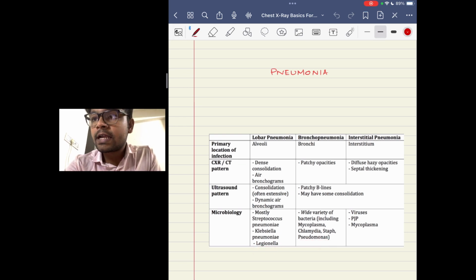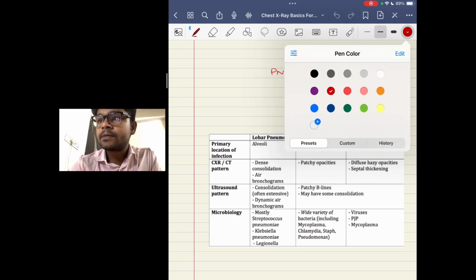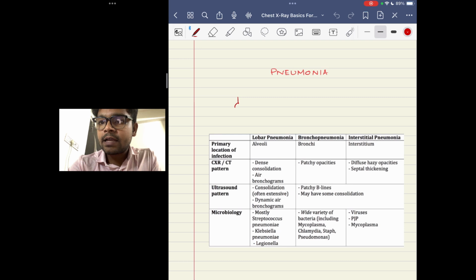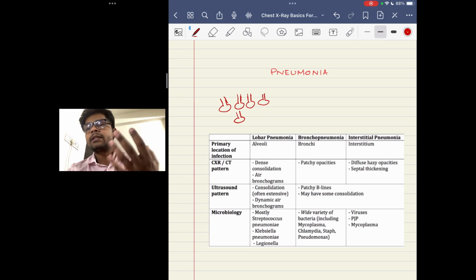We will be seeing that on an X-ray, but let us first see what an air bronchogram is, right? So let us say that these are my alveoli, thin walled sacs, multiple in number, and this is the respiratory bronchiole, right? And there will be other segments of bronchi also.